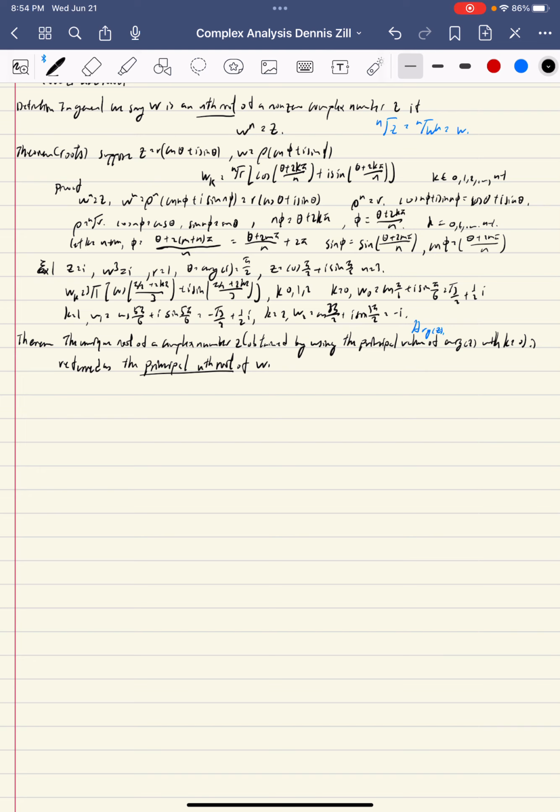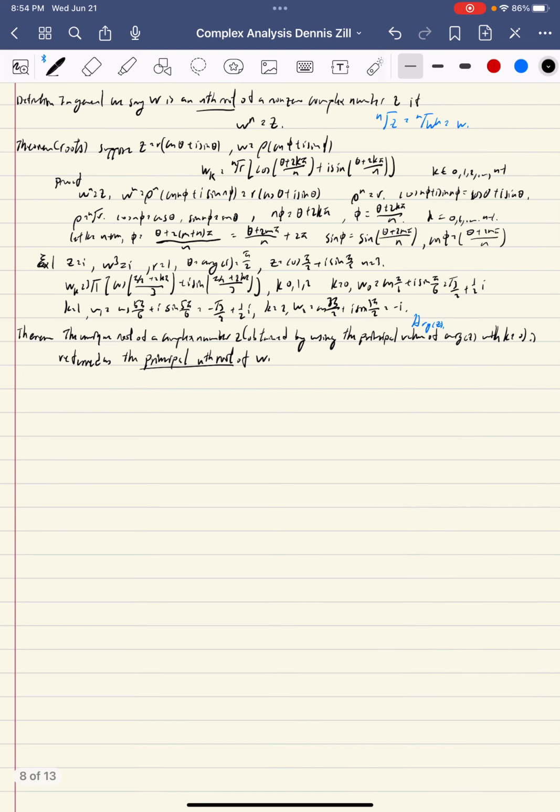Let's do another short example. We know from example 1 that z is equal to i, and the principal value of the argument of i is equal to pi over 2.